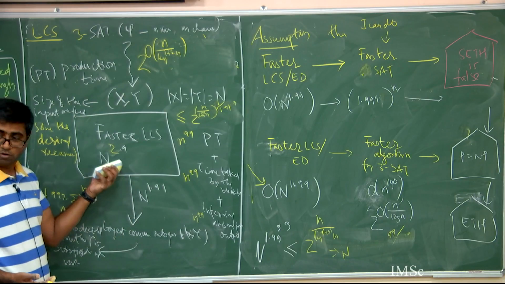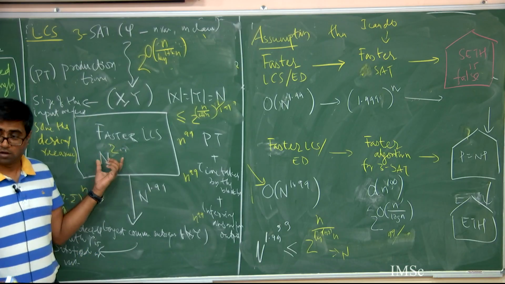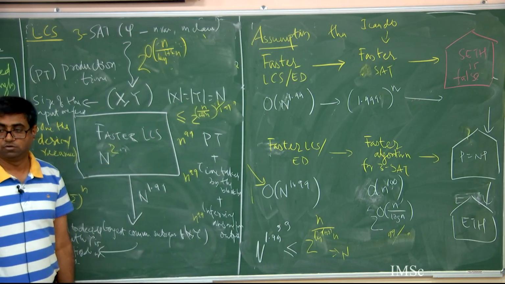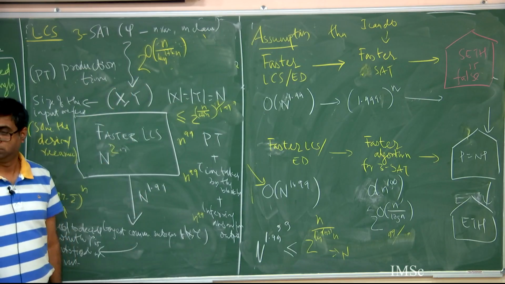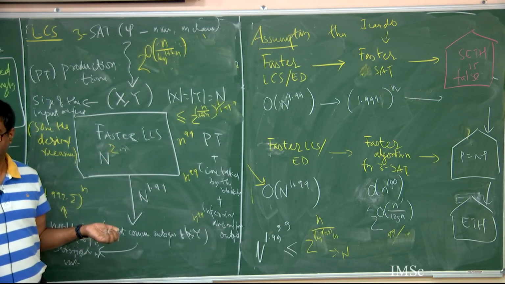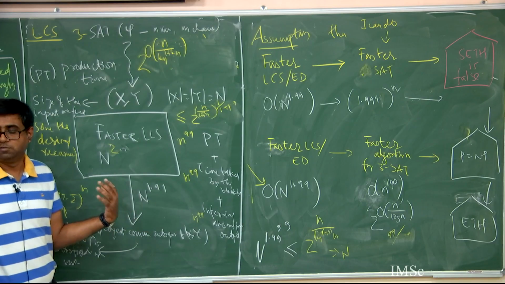Then I get 2 power n already here. If I had an n squared algorithm and I fed him xy less than or equal to 2 power n by 2, it will give me something. But that does not mean that I am able to rule out my algorithm, right?